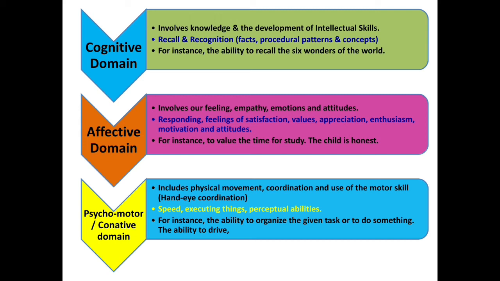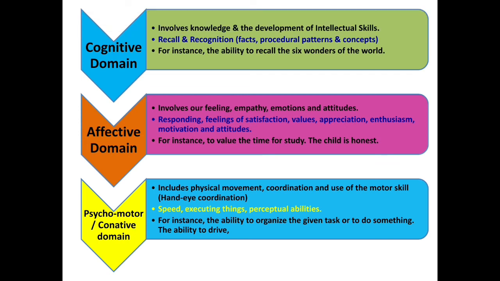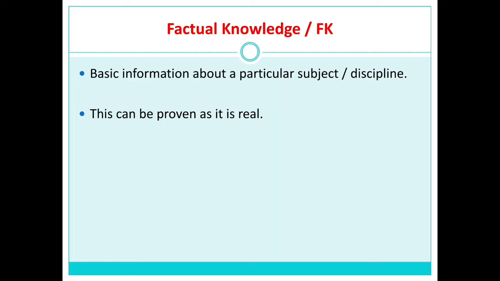So this comes under the psychomotor domain. It includes physical movement, coordination, and use of motor skills. I shall discuss the cognitive domain in my next slide. However, I think the affective and psychomotor domains are clear. If not, please let me know and I shall prepare another slide for you.